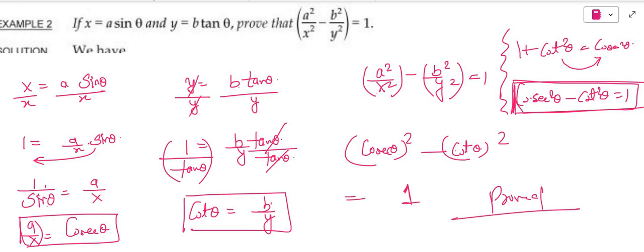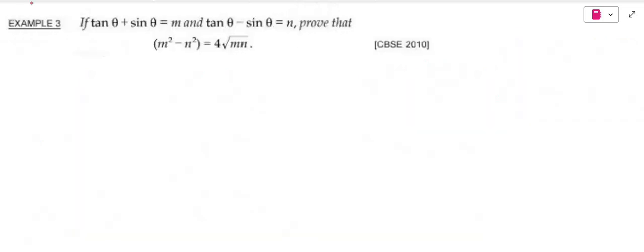One more question. So this is example 3 from R.S. Aggarwal. So they have given m is tan theta plus sin theta and n is tan theta minus sin theta. And we have to prove m square minus n square is equal to under root of 4mn. Okay. So let's start from m minus n whole square.